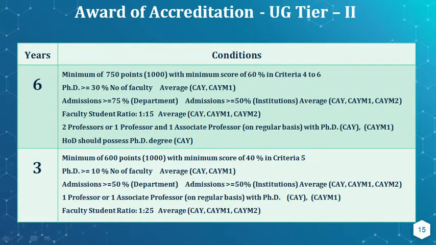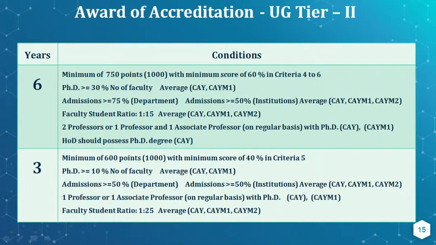That should be maintained. Again some relaxation when you go for 3-year accreditation of a UG program under Tier 2: minimum marks are reduced from 750 to 600 marks, and you should score a minimum of 40 percent in criteria 5 only. PhD percentage is also reduced, greater than or equal to 10 percent of total faculty.